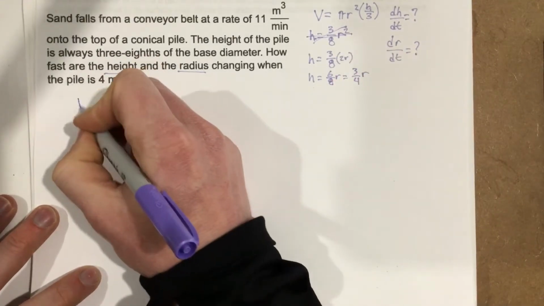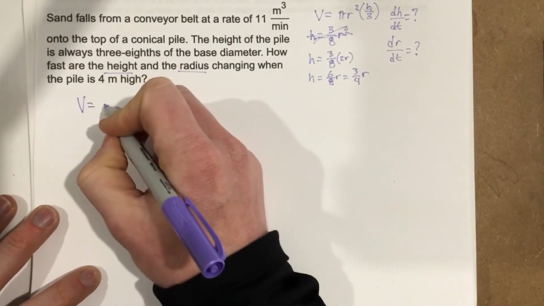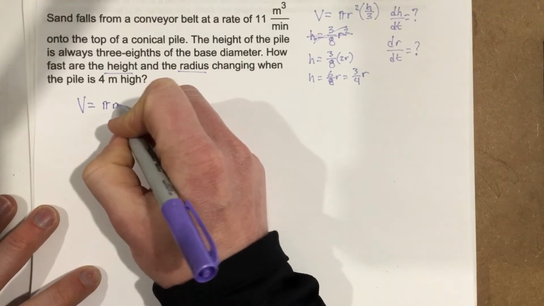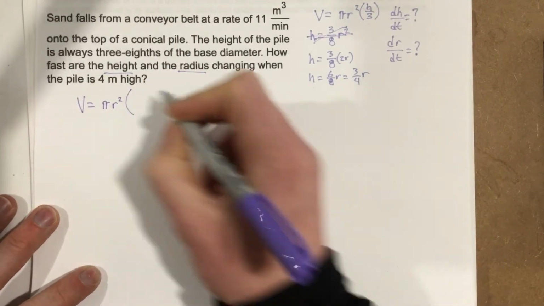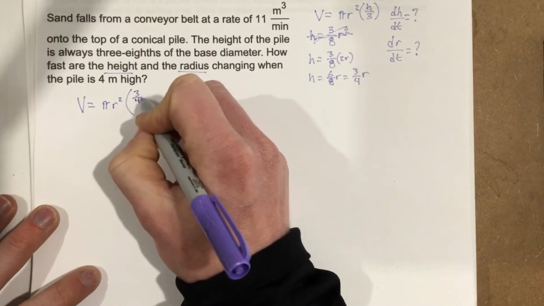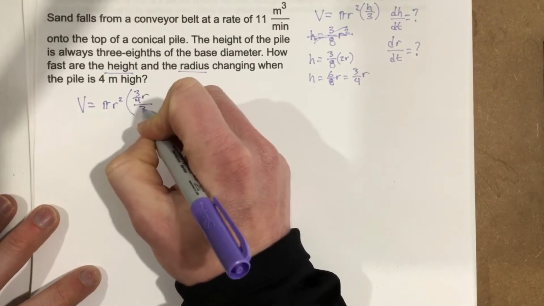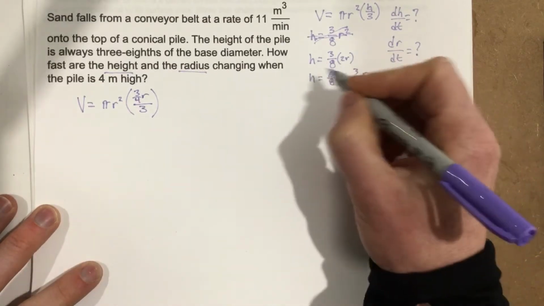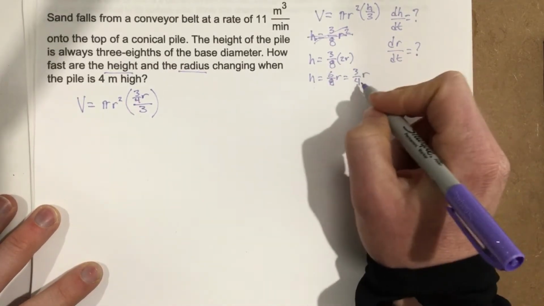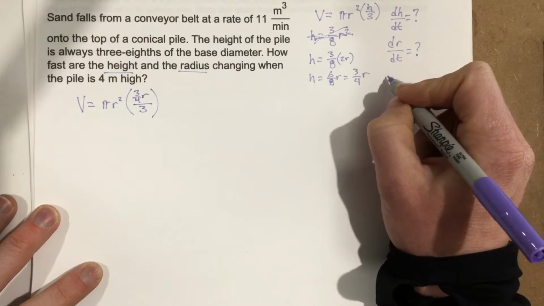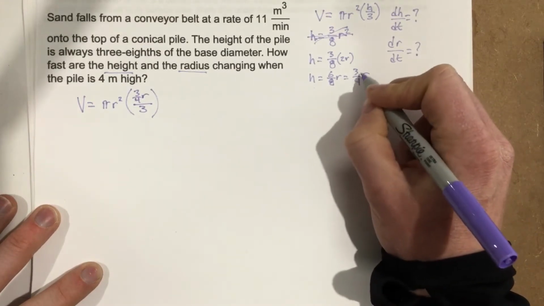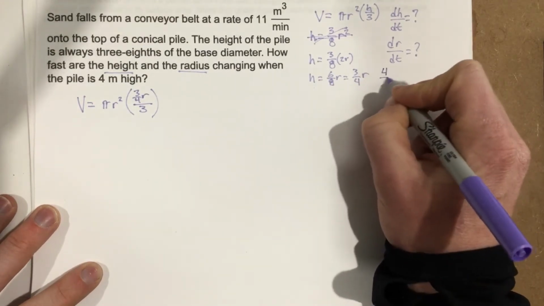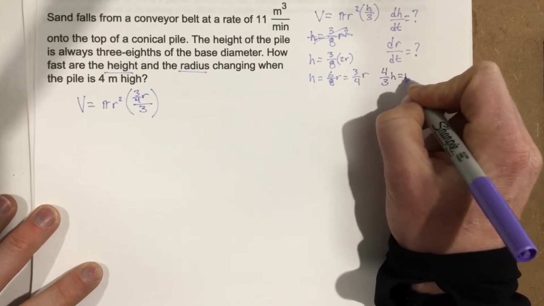So we have V equals pi r squared, and then we'll plug in 3 over 4 r over 3. And we might as well just rearrange this. If we rearrange this, we multiply by the reciprocal, 4/3, and we end up with 4/3 h equals r.